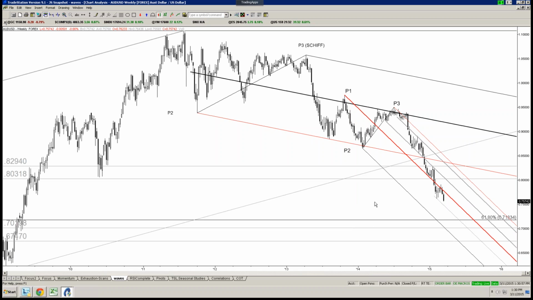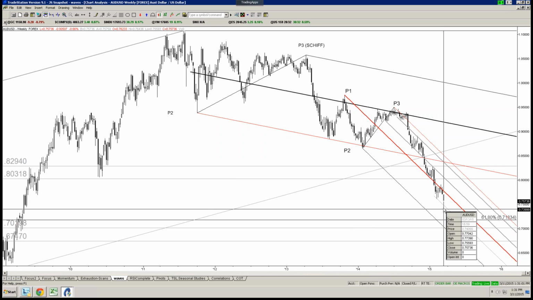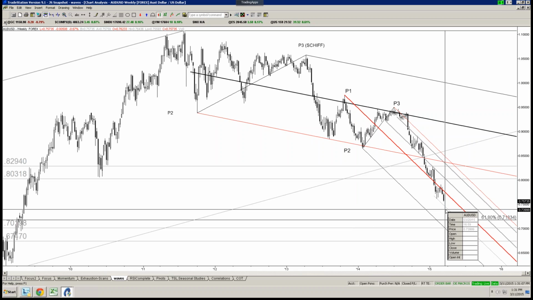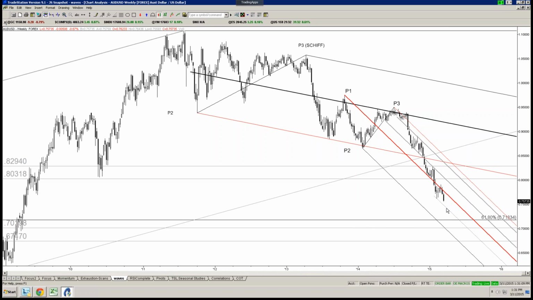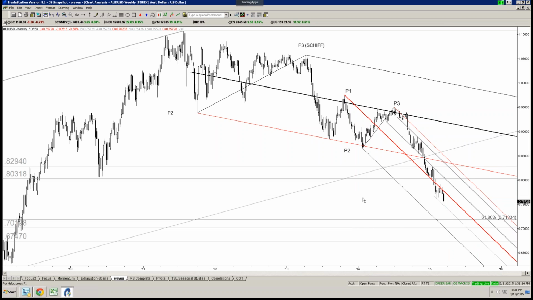So I'll point out that you could get a bounce near 75 from this, okay? I'll point out that the median line will continue to be resistance, more than likely, if it's reached again, okay? But I don't know if that's going to get reached again.